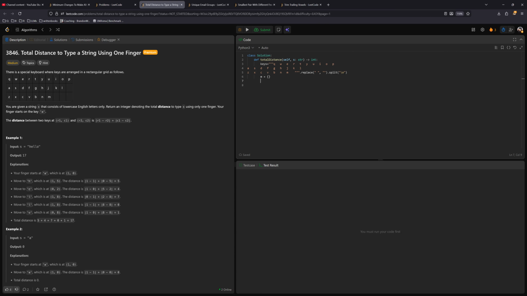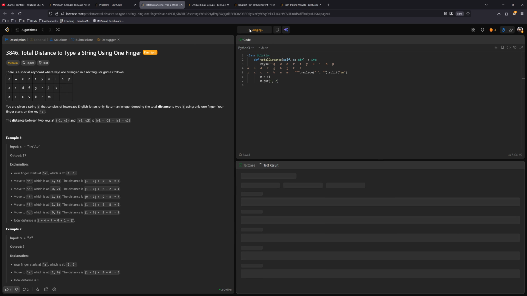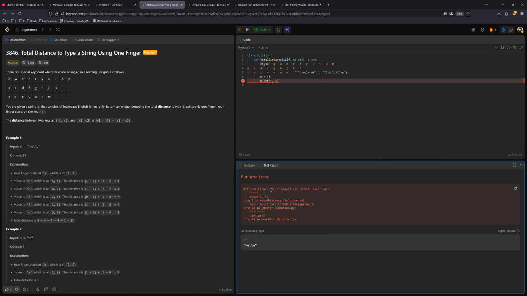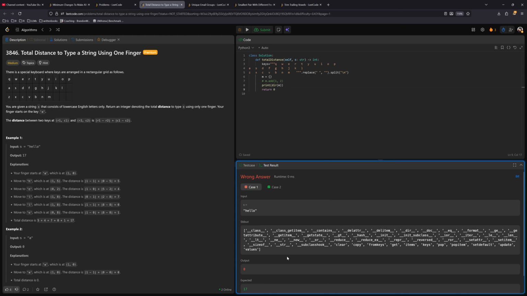How do you add to a dictionary? Is it put, m dot put? I don't know. I usually use default dicts. Okay, dict object has no attribute put. What is it? Print dir of m. This is basic stuff I should know.